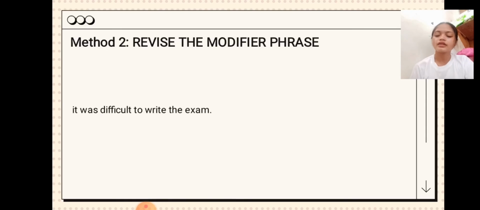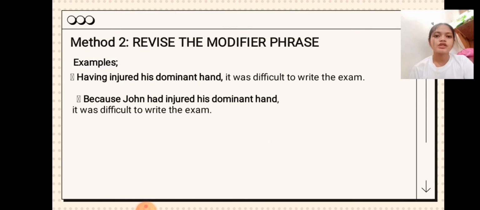Here is an example. The first one is still a dangling modifier, and the second is the correct form. Having injured his dominant hand, it was difficult to write the exam. Again, it is not a complete sentence.